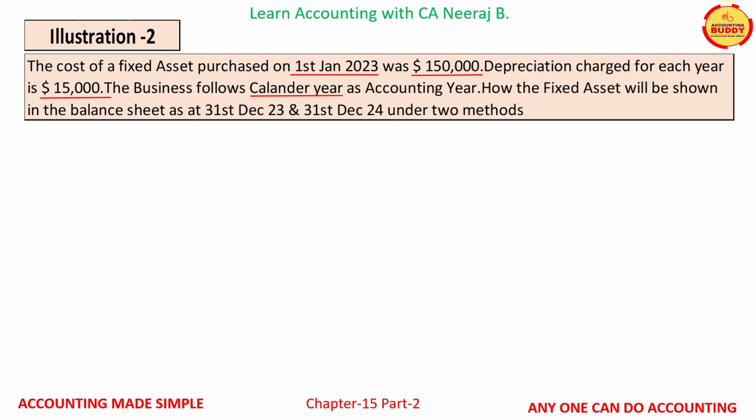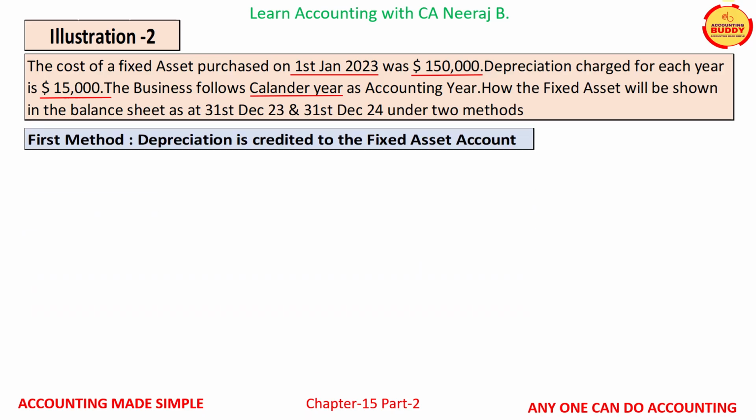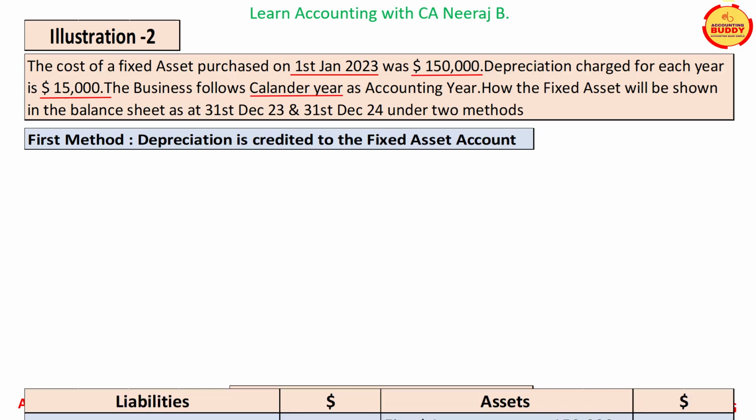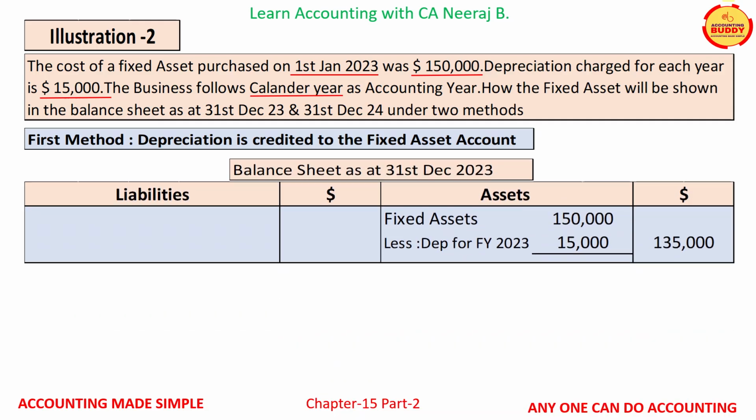under the two methods. Let us first learn how the asset account appears in the balance sheet when depreciation is credited to the asset account. Abstract of the balance sheet as on 31st December 23 is appearing on your screens. Fixed assets are always shown on the asset side of the balance sheet.